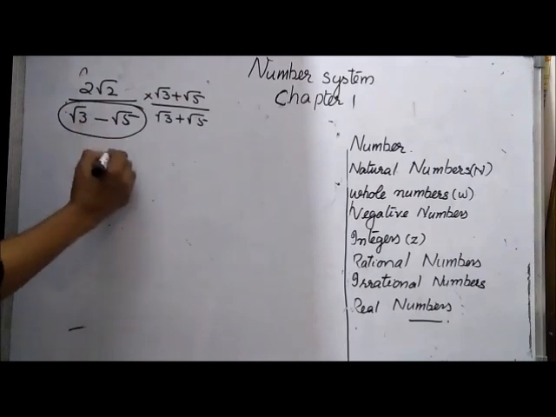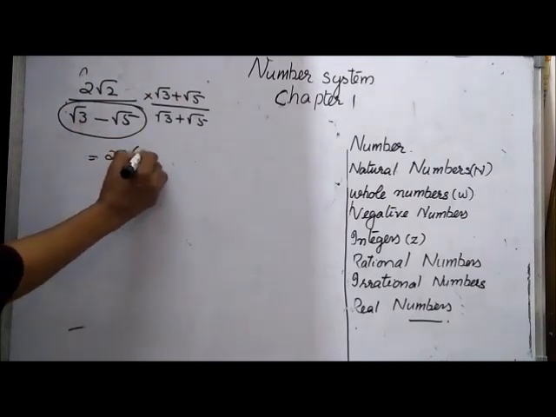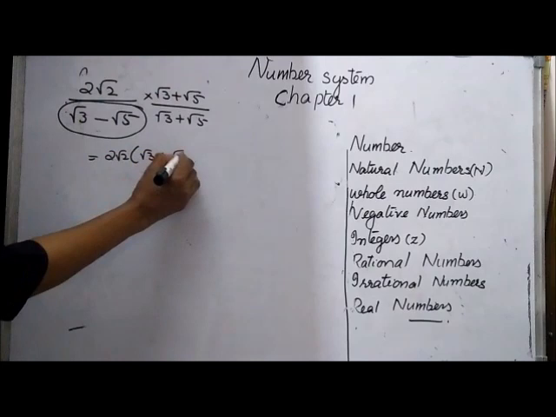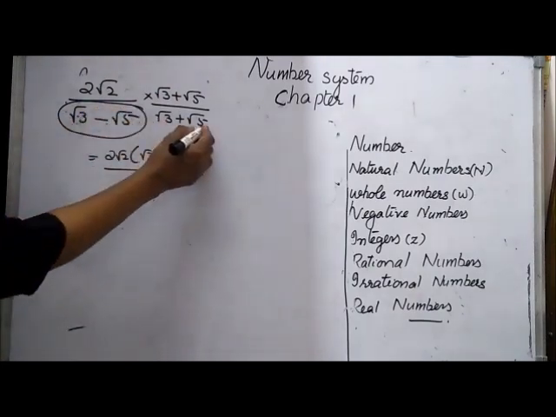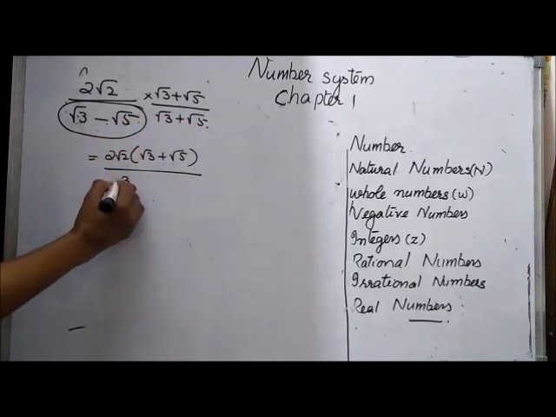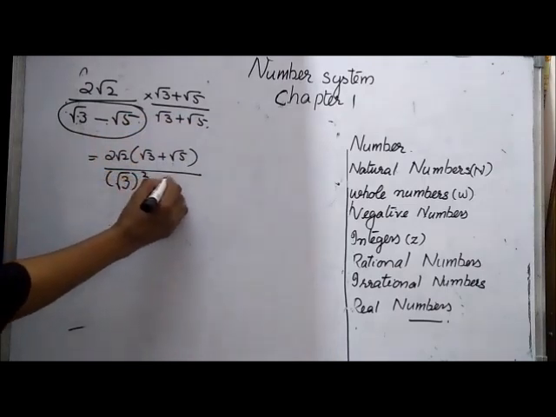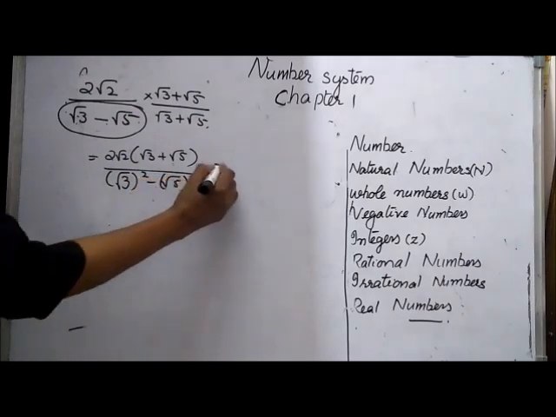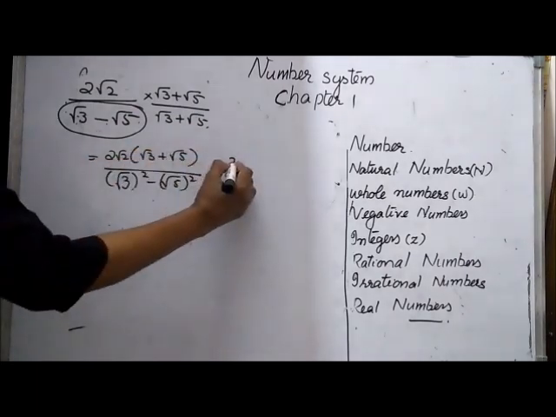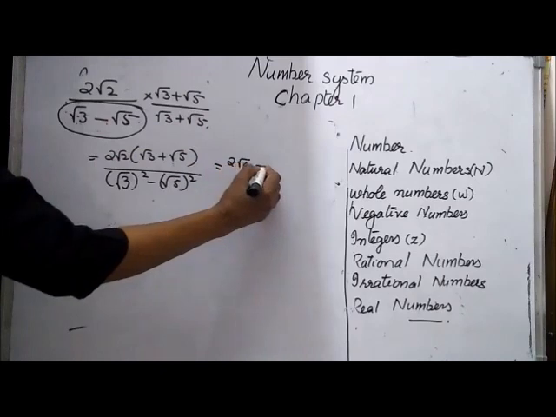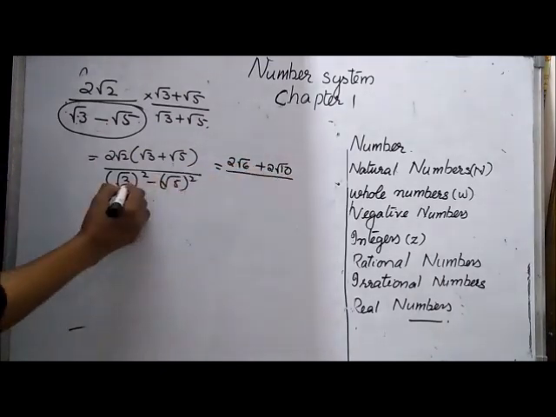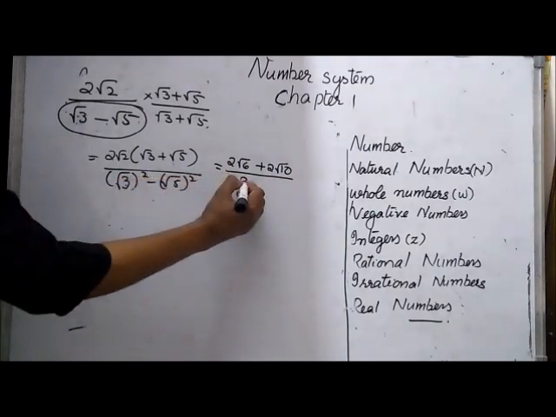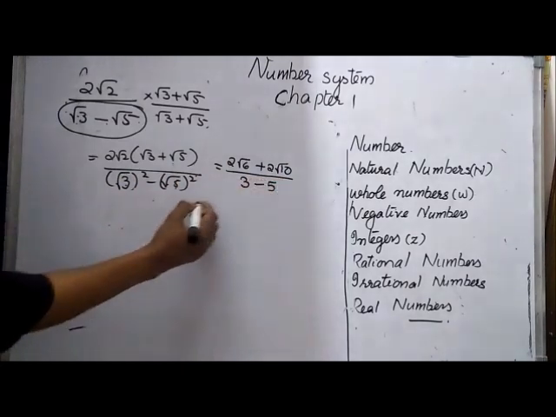So it becomes 2 root 2 into root 3 plus root 5 upon, here it is A minus B into A plus B, A square minus B square, root 5 square, which is equal to 2 into root 6 plus 2 into root 10 divided by root 3 square, that is 3, and here it is root 5 square, that is equal to minus 5.